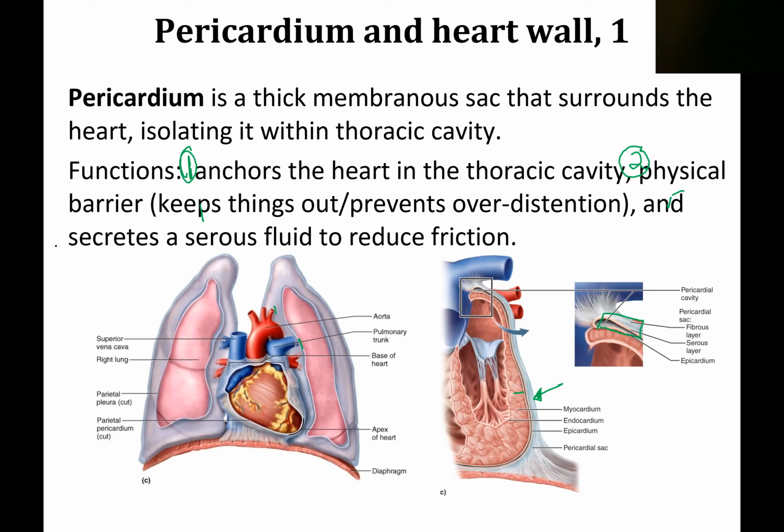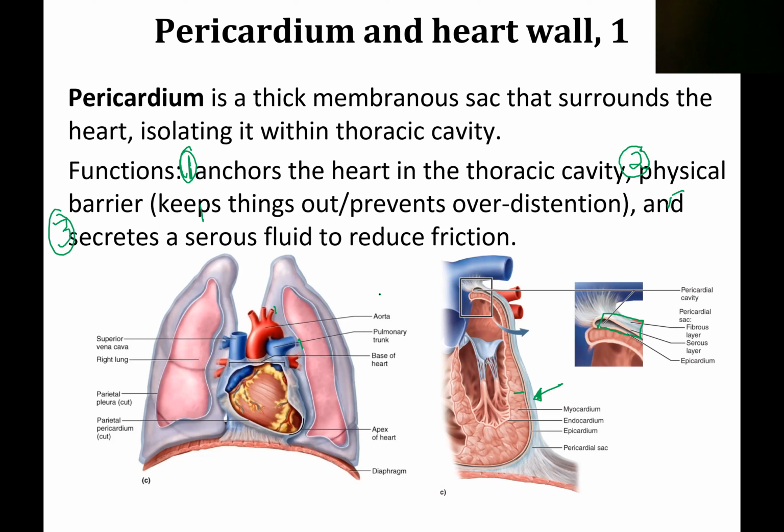The third function is that it secretes a serous fluid to reduce friction. The serous fluid means it's a thin, runny fluid, kind of like inside a blister, as opposed to mucus, which is the thick, sticky fluid that you have in your nose and your mouth.